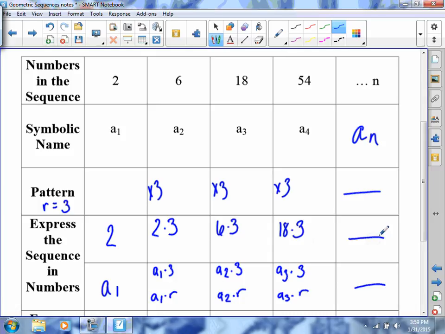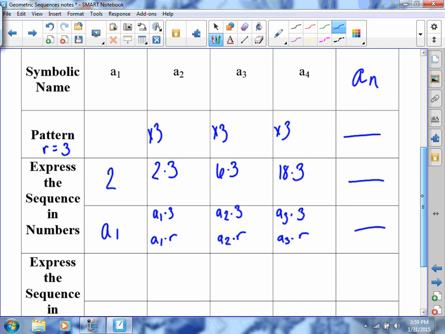Now I can write my sequence as the first term times the ratio, second term times the ratio, third term times the ratio. But that's not really the best way to write it because I'd need to know what the third term was or the second term was in order to find a specific term. So I'm going to tweak this a little bit.